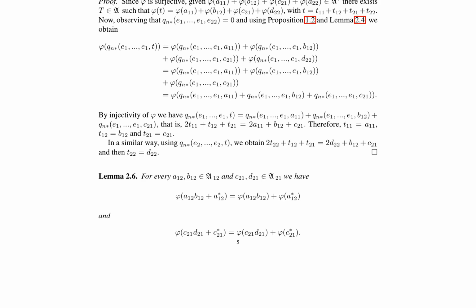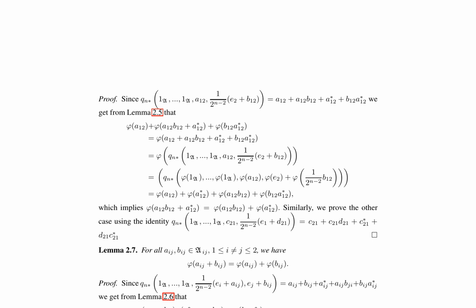Similarly, using Qn-*(E1, T), we obtain T11 equals A11. This leads to the conclusion that phi(A11 + B12 + C21 + D22) equals phi(A11) + phi(B12) + phi(C21) + phi(D22).